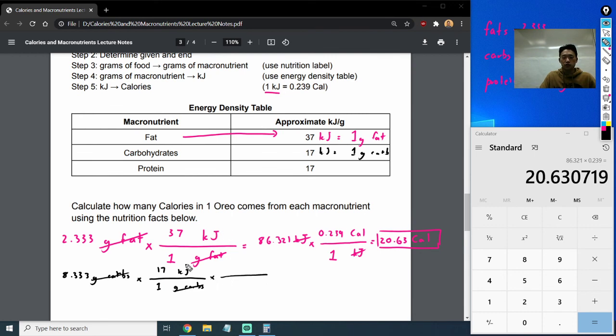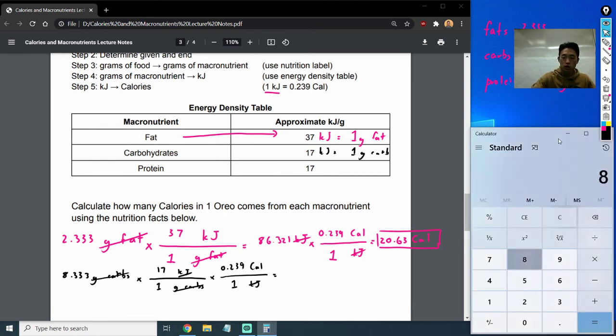Now, for those of you that want to just do it in one step, you can actually set up another fraction. Put kilojoules on the bottom, put calories on top, and then you just put 1 kilojoule on the bottom, 0.239 on top, cancel out the kilojoules, and you can set it up this way. You can do it the way we did in the beginning with 2 separate equations, or you can do it in one equation. Doesn't really matter, whatever you're more comfortable with and whatever makes more sense for you.